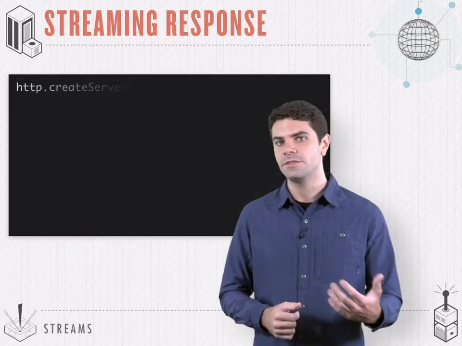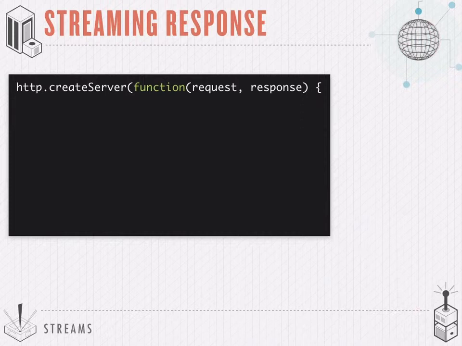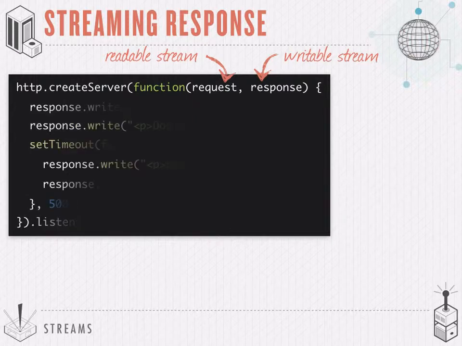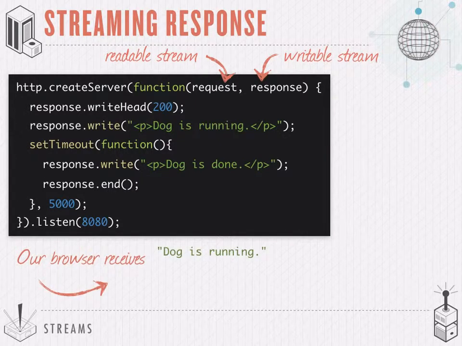Some of the code that we've seen in the course has already involved working with streams. The request object, for example, is a readable stream, and the response object is a writable stream. We read data from the request, and we write data to the response. When we run this code and issue a request from the browser, our server responds with a 200 status code and writes "dog is running" to the stream.